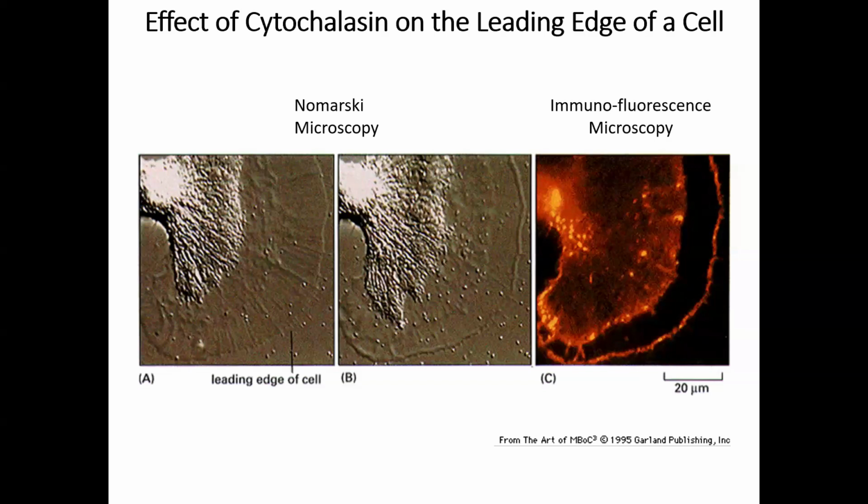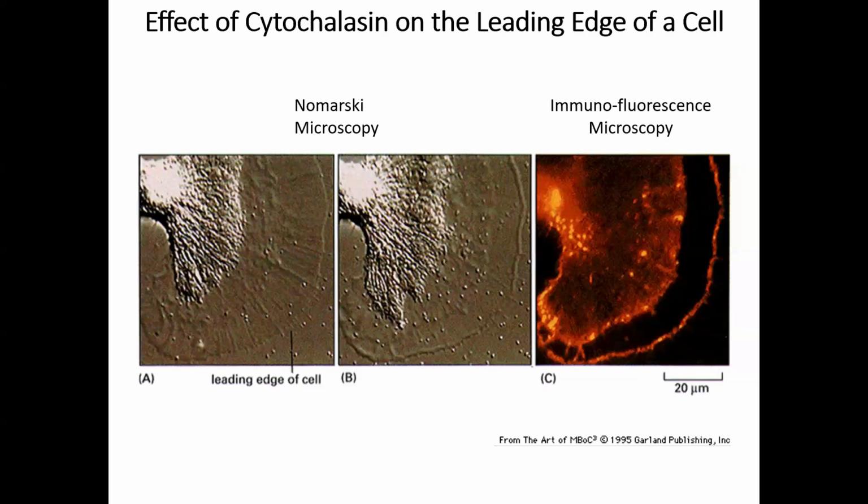and this is essentially the effect of cytochalasin. These two are live images, but just to make sure that you get the same thing, after this step the cell is fixed, permeabilized, and then you do immunofluorescence microscopy, and it shows this is the leading edge, which is right here. This gives you an idea, but the contrast is not enough.